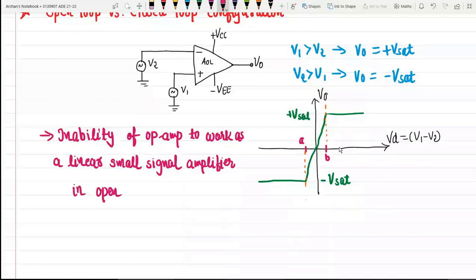So the op amp is generally not used in the open loop configuration.